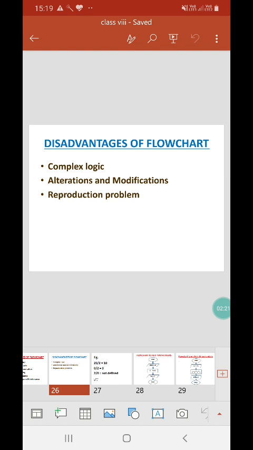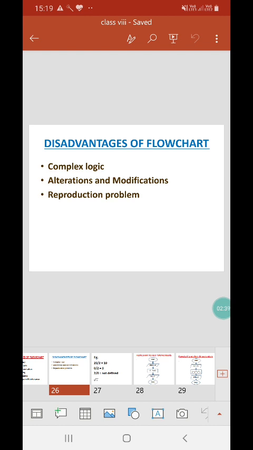Now the next disadvantage is the reproduction problem. It is very difficult to reproduce flowcharts, because flowchart symbols cannot be typed.